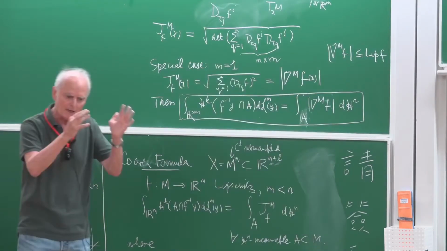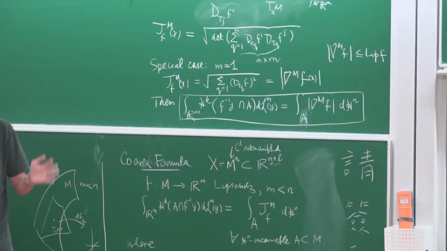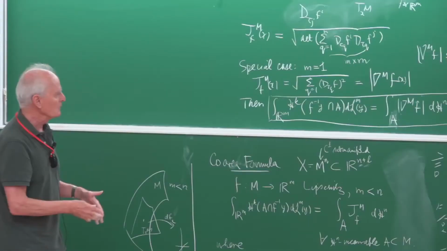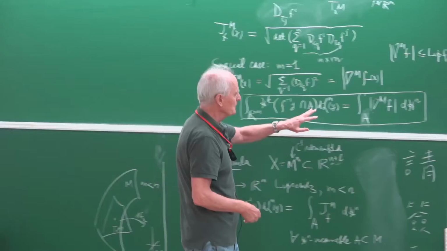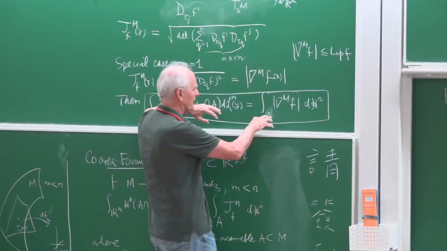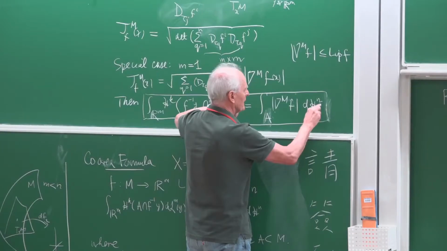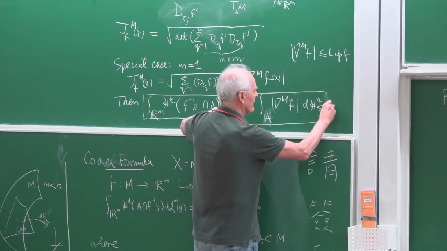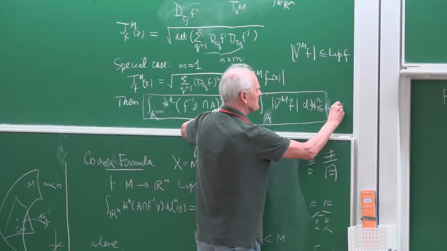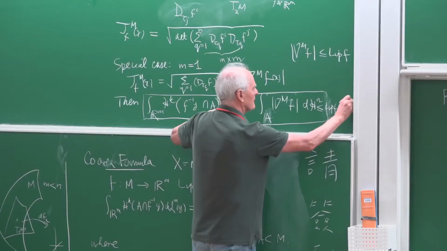So this will certainly be finite if A has even just finite measure. In fact, this side is less than or equal to Lip f times the n-dimensional Hausdorff measure of A. So that's certainly finite if the n-dimensional Hausdorff measure of A is finite.